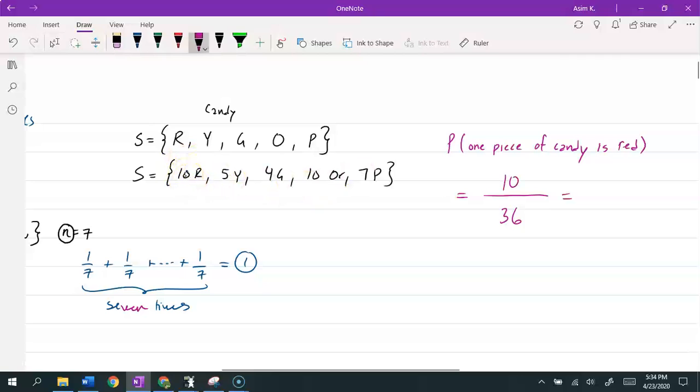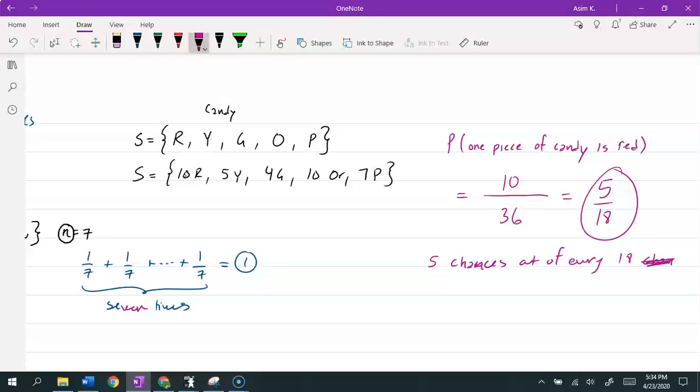And because 10 of them are red, that means 10 divided by 36 is going to give you 5/18. So there's 5 chances out of every 18 that I'm going to end up with a red. You understand what I'm saying?